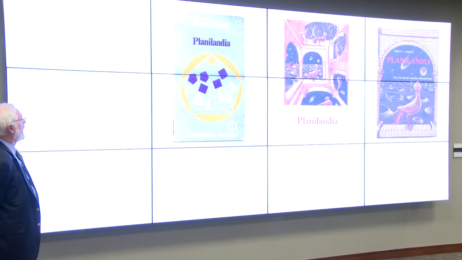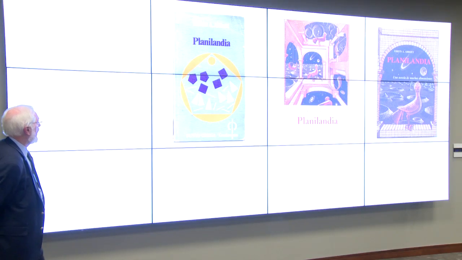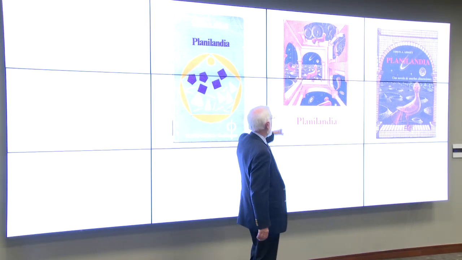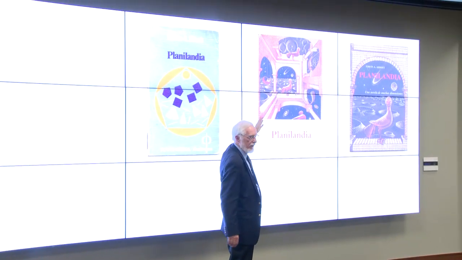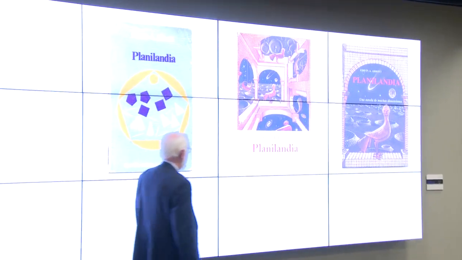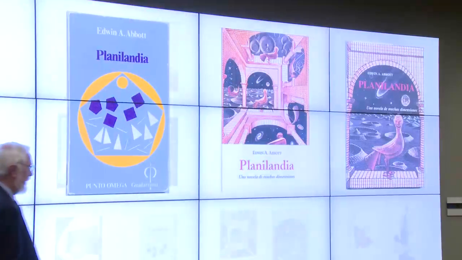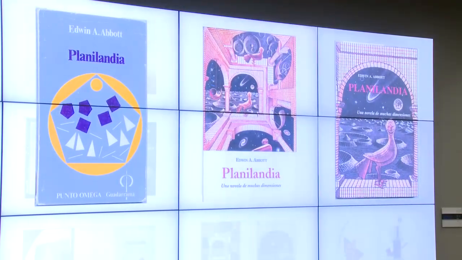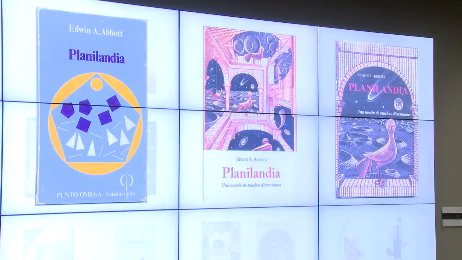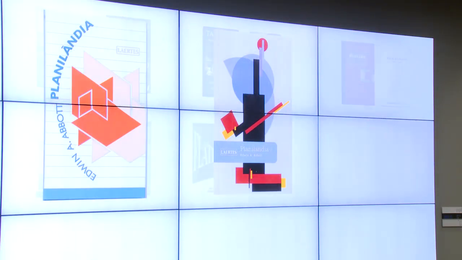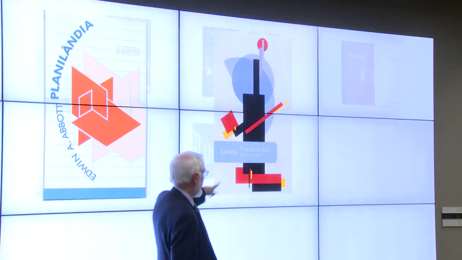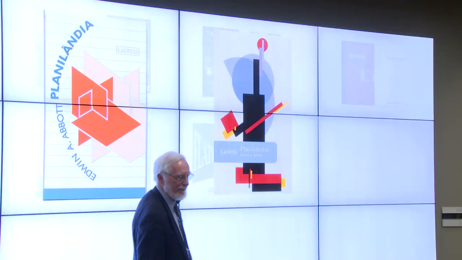Okay. Spanish. Planolandia. These are 2 versions of the same thing, but again, the Escher influence is found here. And here's one place where we're not sure about how to count the number of translations, because the next slide shows Planolandia with a little diacritical mark, and Laertes Press is from Barcelona.